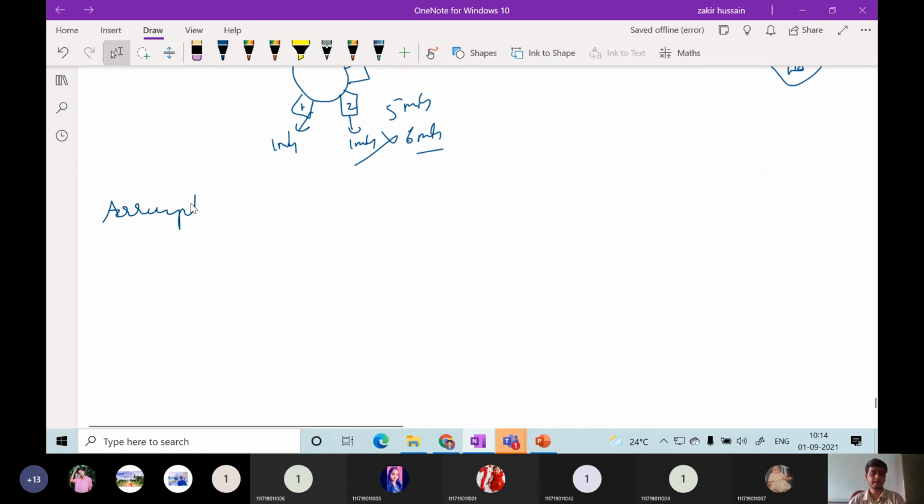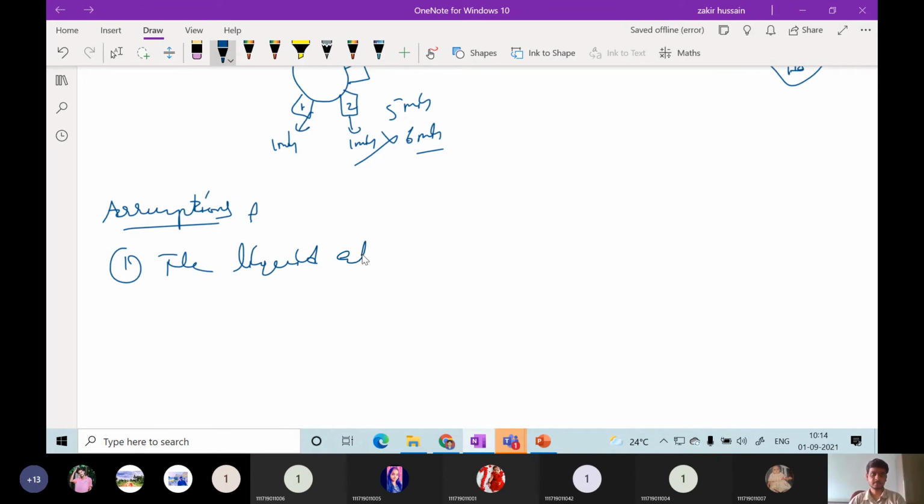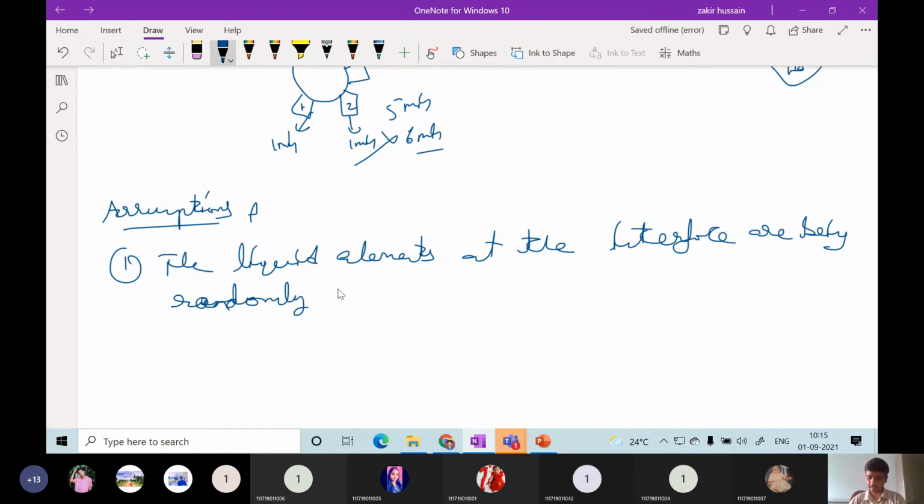Those assumptions are: the first assumption is the liquid elements at the interface are being randomly swapped by fresh elements from the bulk of your liquid phase.